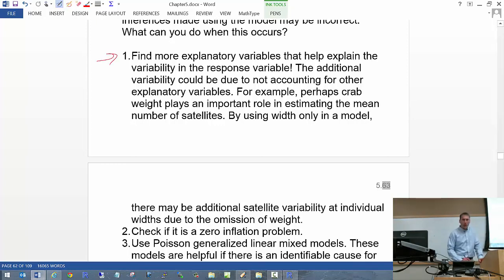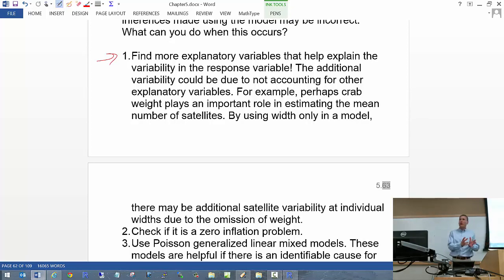Okay, number 1. This is the best thing to do. Find an explanatory variable that helps explain the variability in the response variable. So you have extra variability in your response. Well, maybe there's another explanatory variable out there that helps account for that variability. For example, maybe here, in this particular case, let's say if we had access to the weight of the female crab.